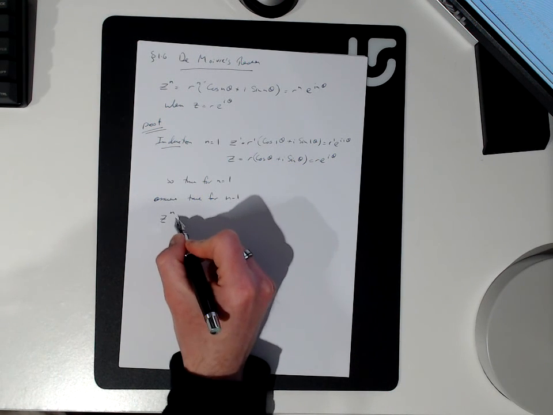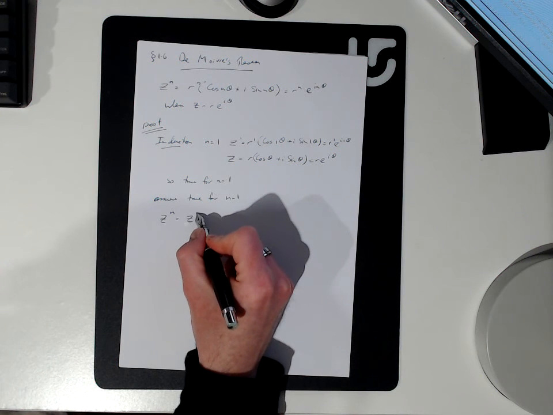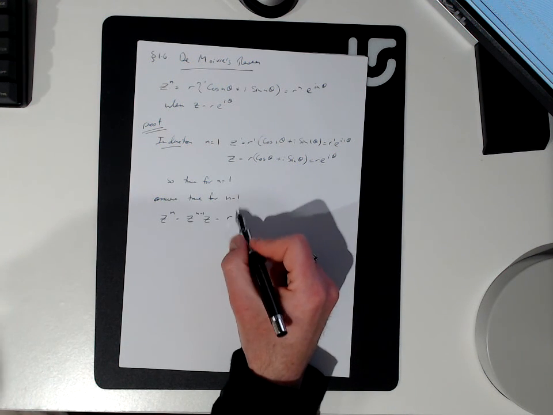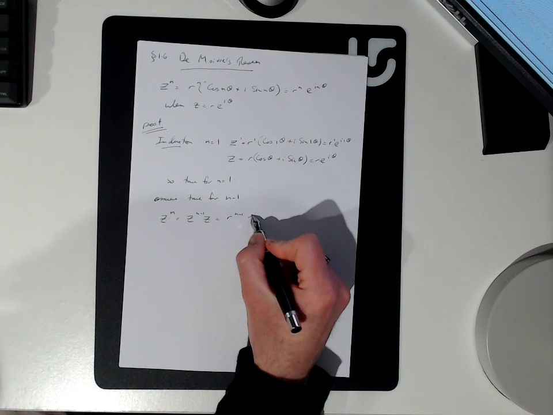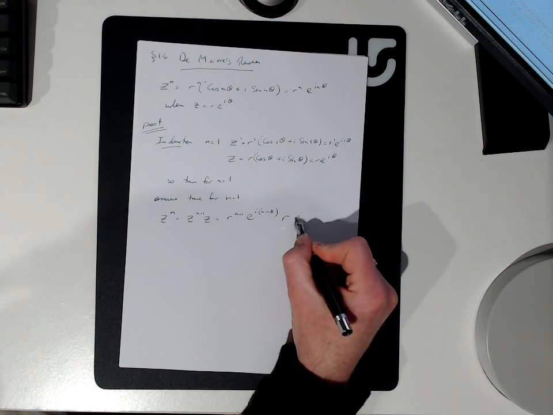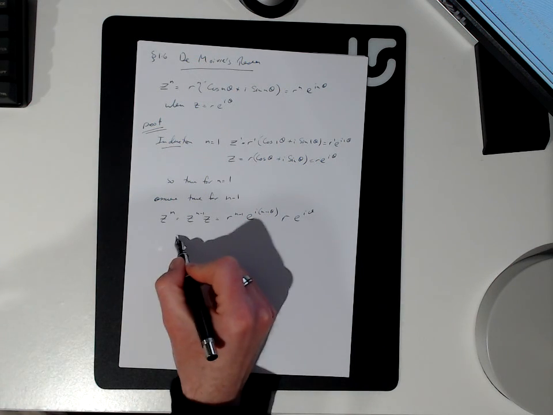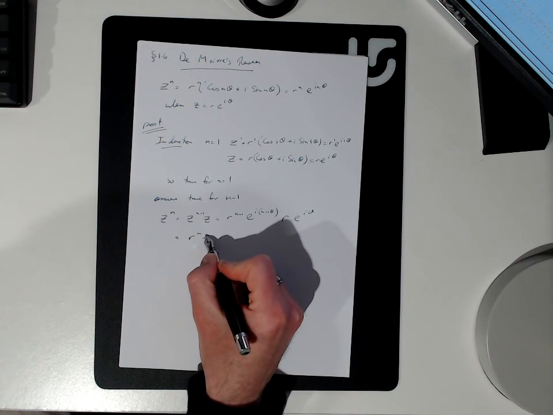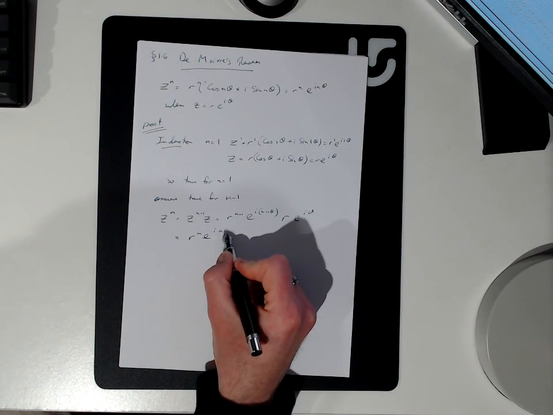Then z to the n equals z to the n minus 1 times z, which equals r to the n minus 1 e to the i n minus 1 theta times r e to the i theta, which we know from the way in which our manipulations work is r to the n e to the i n theta.